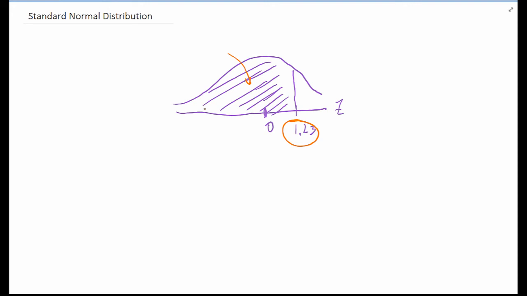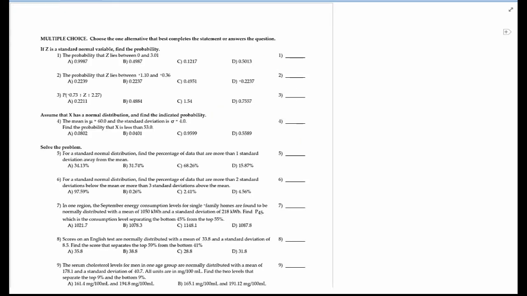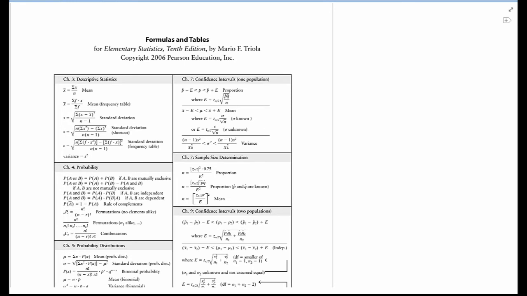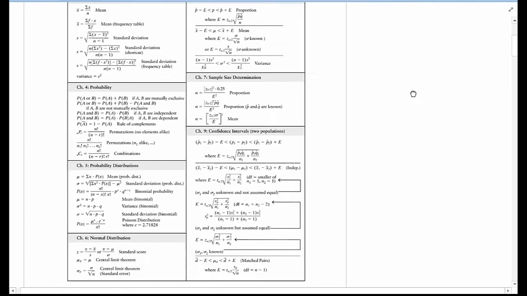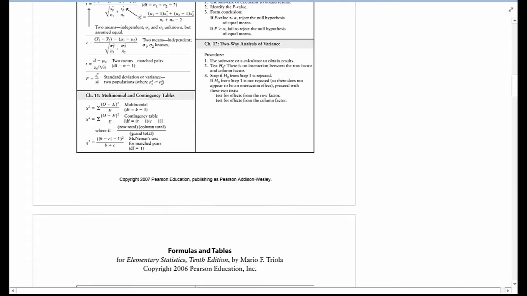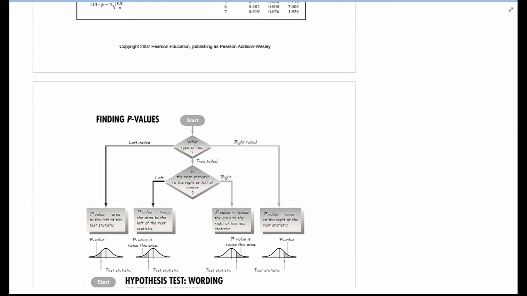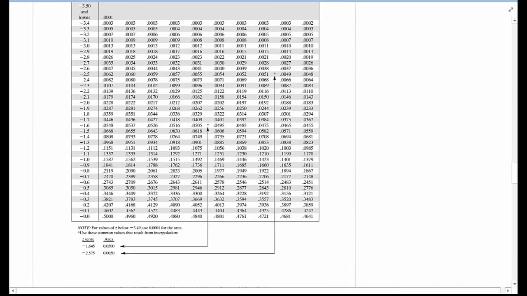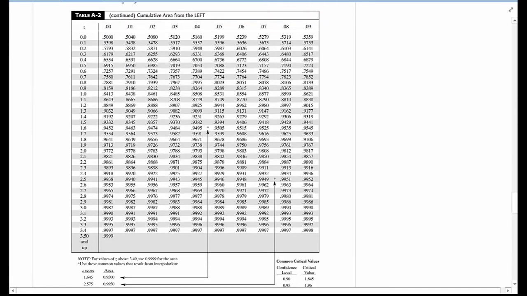In this case we use the positive table. So let's go to the tables and look at the positive table. Need to scroll this till we find it. All right, negative table, and then this is the positive table right here.